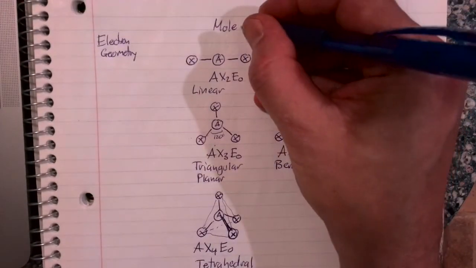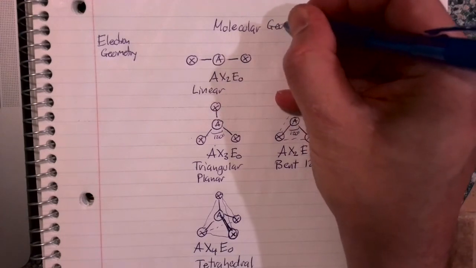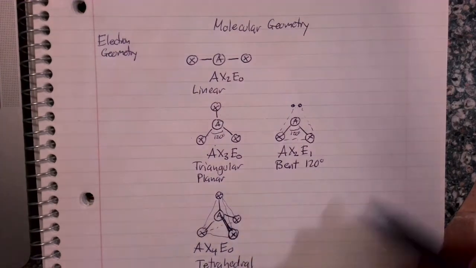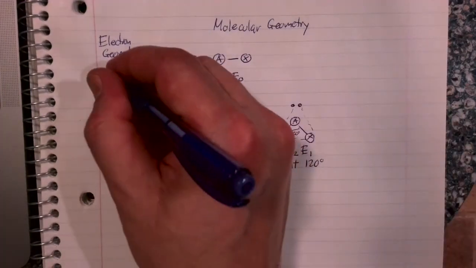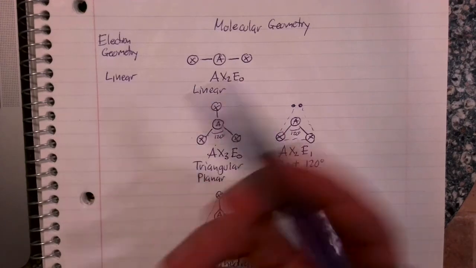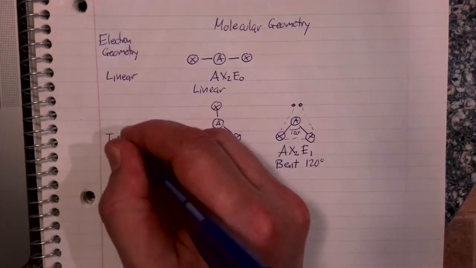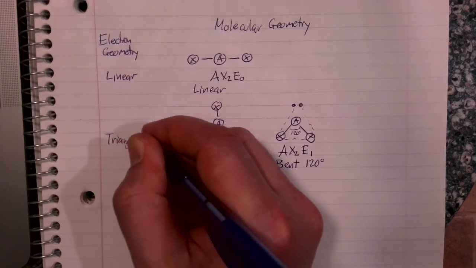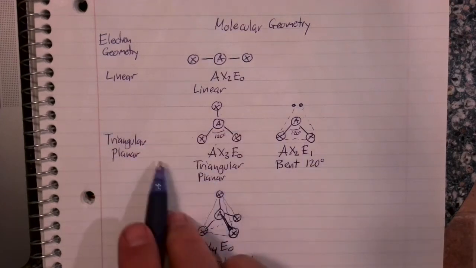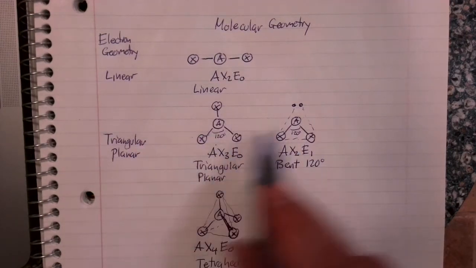Oops, let's bring this down. Right? And the molecular geometries are all these shapes, but the electron geometry here would just be linear. I don't really have any choice for two objects. I just have a linear arrangement. This one I'm going to call triangular planar, because both of these have three groups of electrons arranged in a triangular planar arrangement.